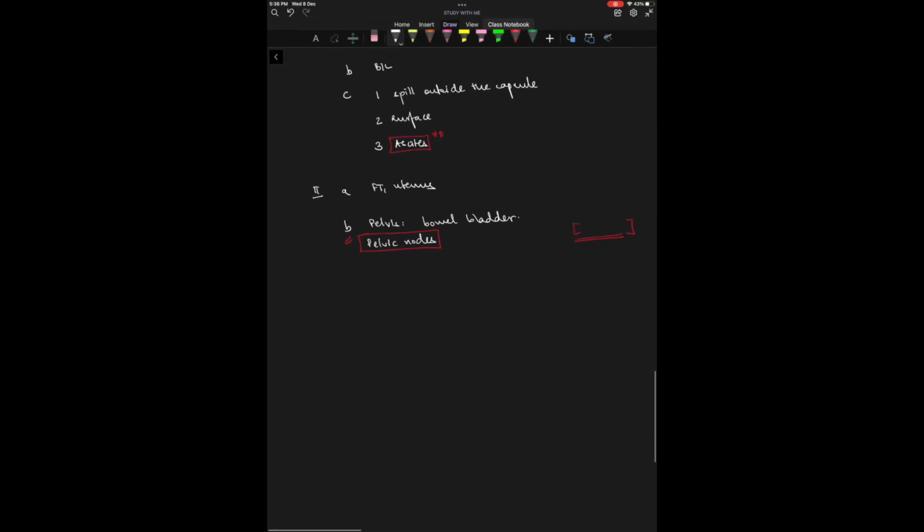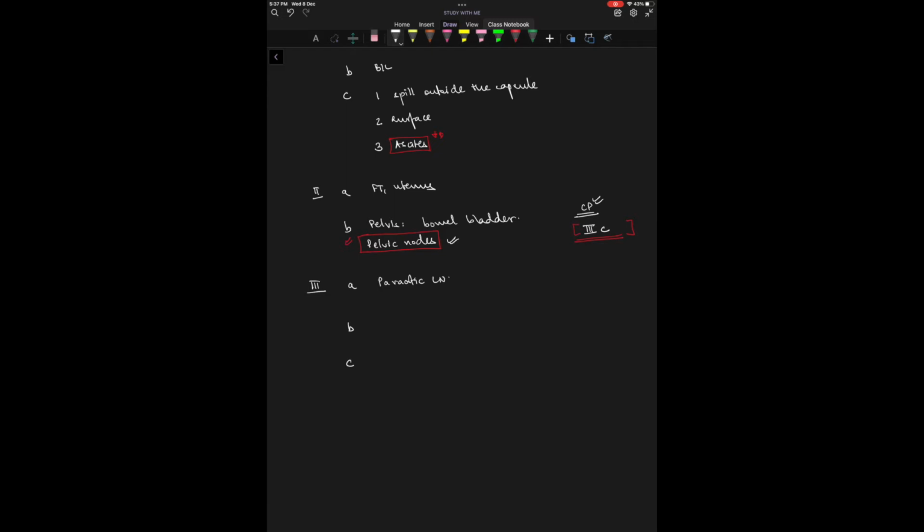Alright, coming to stage 3. Stage 3 is further divided into 3 stages, A, B and C. Stage 3A is the involvement of para-aortic lymph nodes. Okay, so did you write the answer? So in endometrial and cervical both, remember the mnemonic CP? Stage 3C was both pelvic and para-aortic lymph nodes.